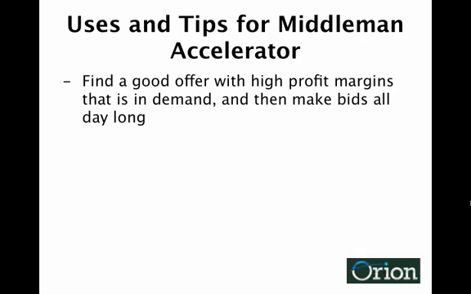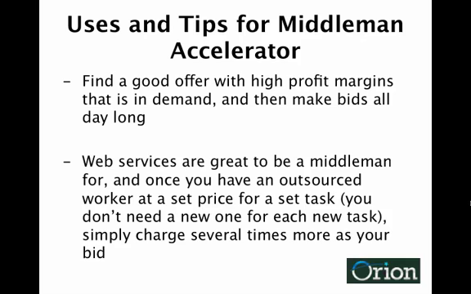And you can narrow it down to only the guys looking to accept fairly large bids. Because again, this tool will even tell you how high of a bid it will accept and so forth. So you can get an idea of how large their budget is. Now, web services are great to be a middleman for.